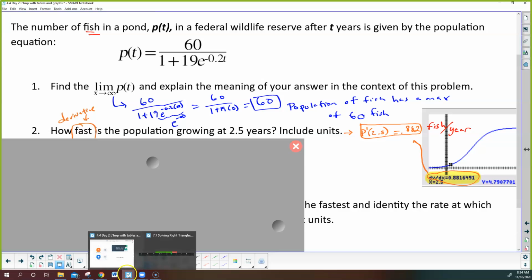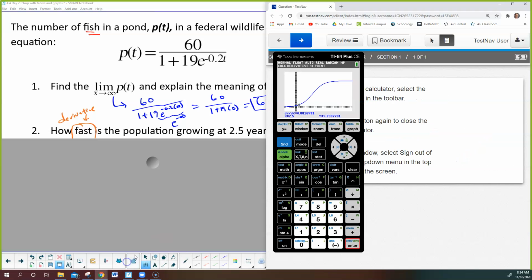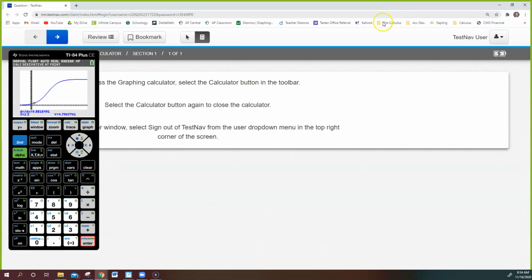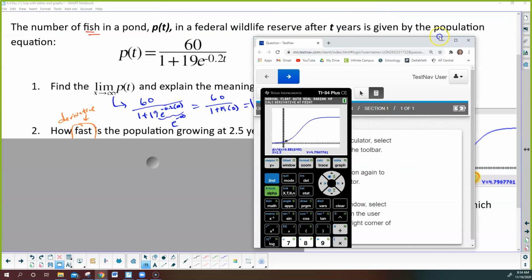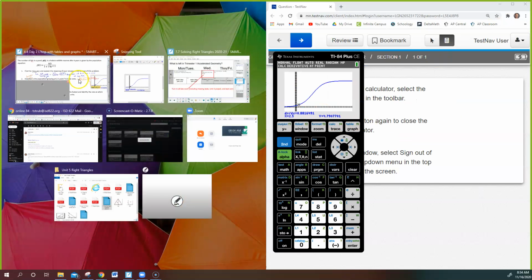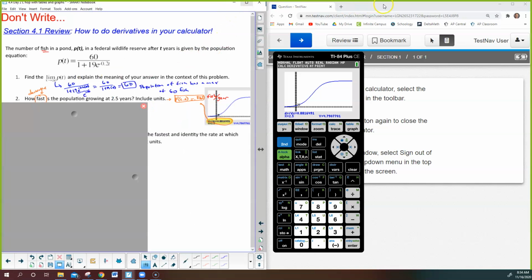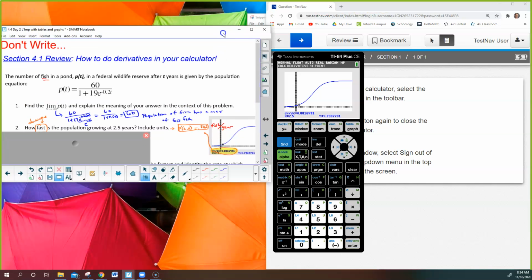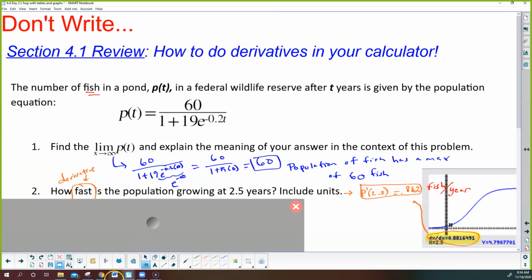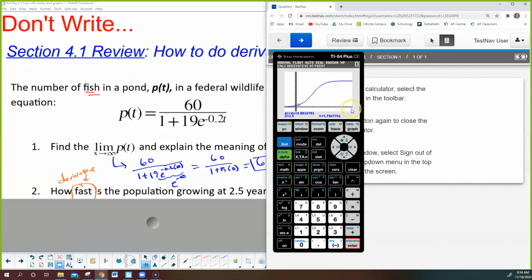Okay, let me show you another way to do this. And here's the nice thing. Making it bigger really doesn't help. So here's what we're going to do.